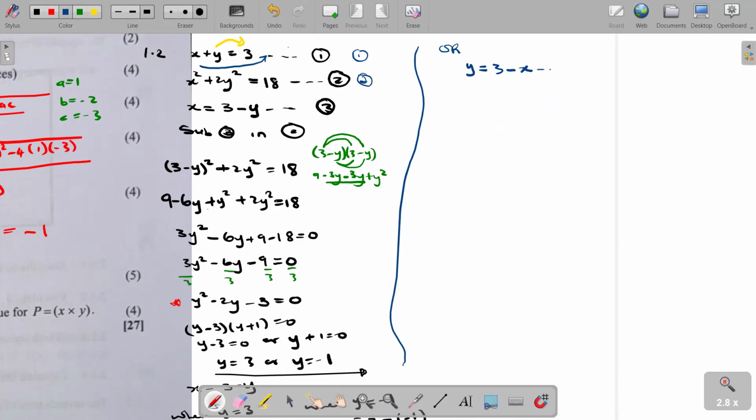So it means this is now our equation 3. So we substitute this equation 3 in 2, meaning to say wherever there is y, we are going to put 3 minus x. So the equation becomes x squared plus 2y, (3 minus x) squared.